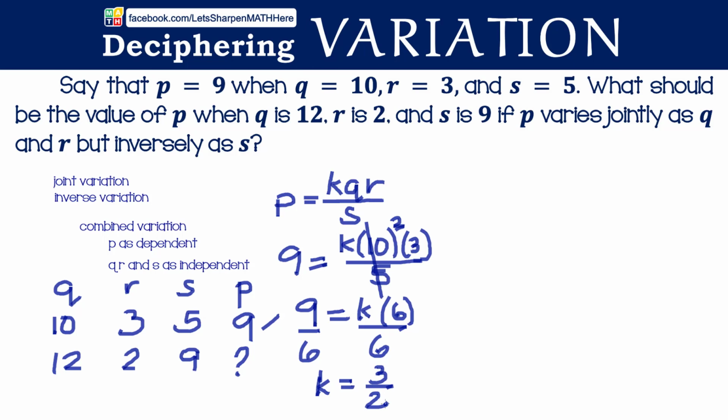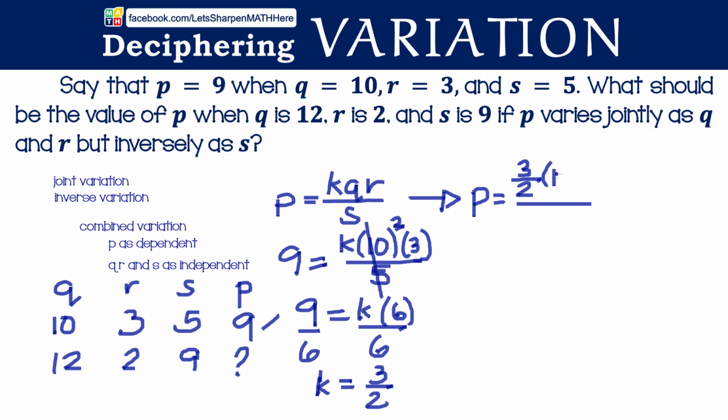We will be using this to solve for P on the next statement and using the same equation. You will have here P, because that's what you would be solving. K is now 3 halves. Don't worry about multiple fraction forms here. We might be able to solve this easily with consideration to the next values.